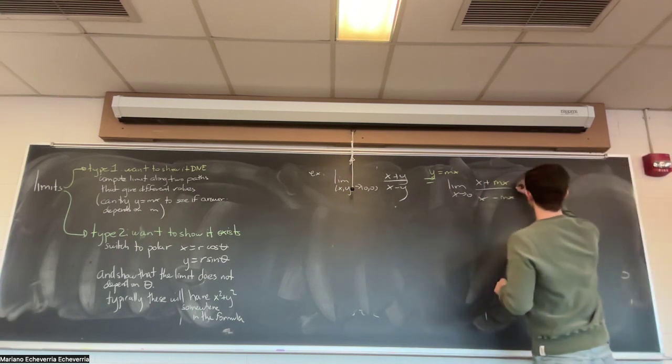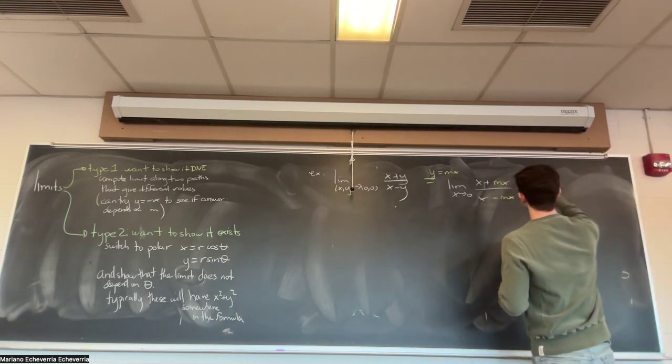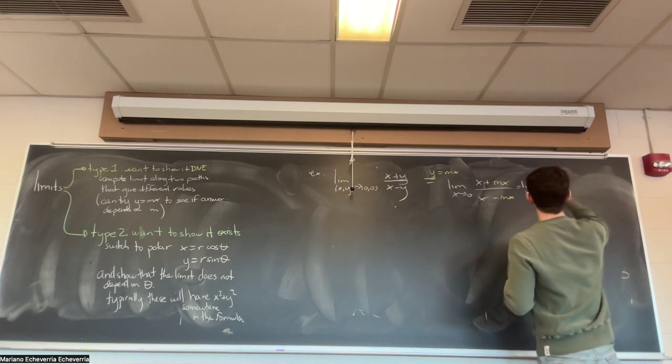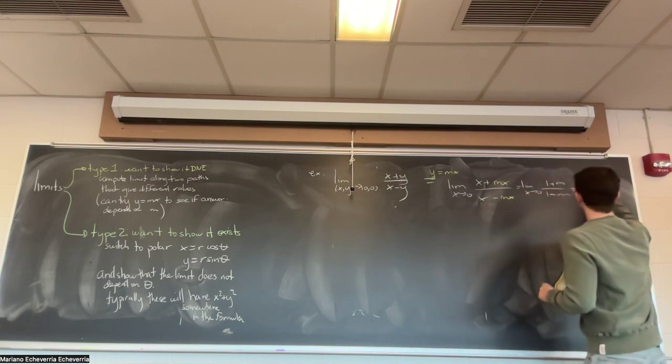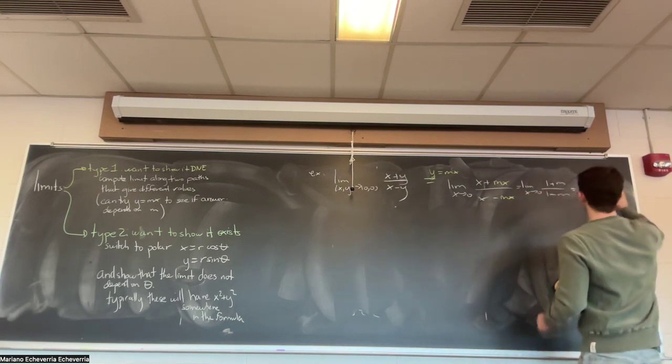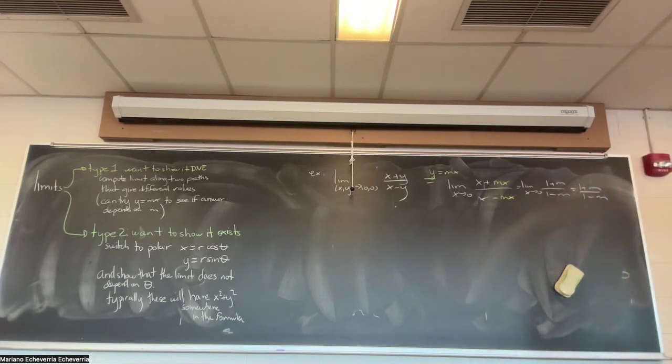You see x cancels here, so you get the limit as x approaches 0 of 1 plus m over 1 minus m. And that's 1 plus m over 1 minus m because there's no longer any x's. So this clearly depends on the slope, so this depends on m.